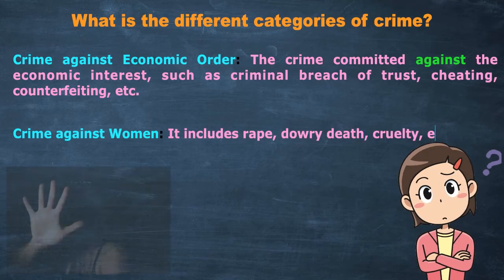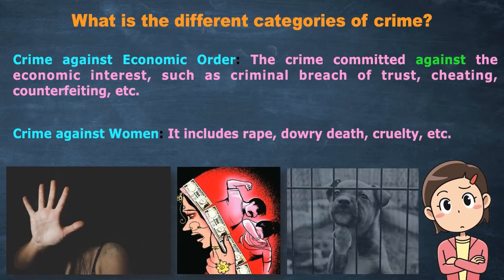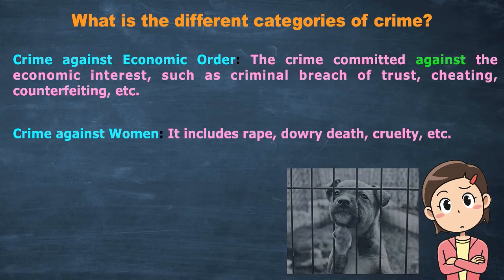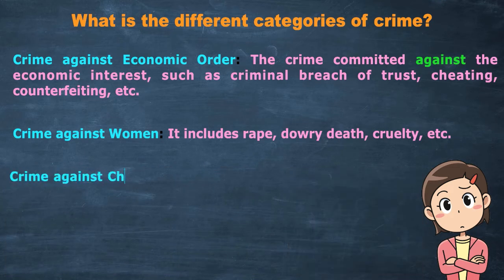It includes rape, dowry death, cruelty, etc. And the last one is crime against children.